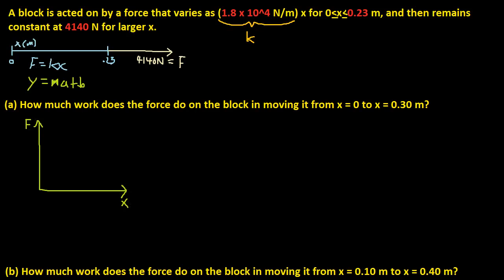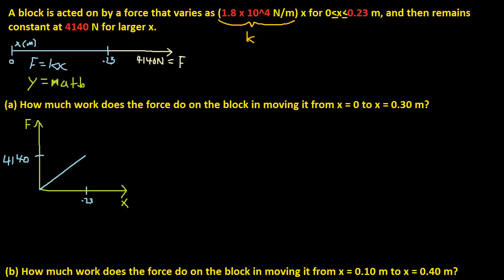So basically the graph will look like this: up until 0.23, the graph will rise in a constant manner. And the y value at 0.23 will be 4140 newtons.